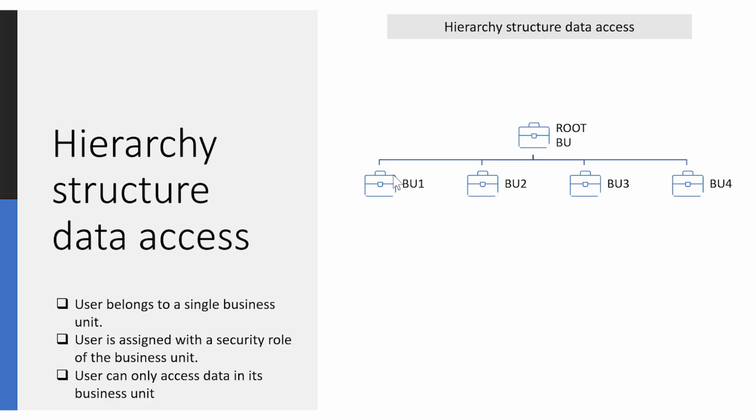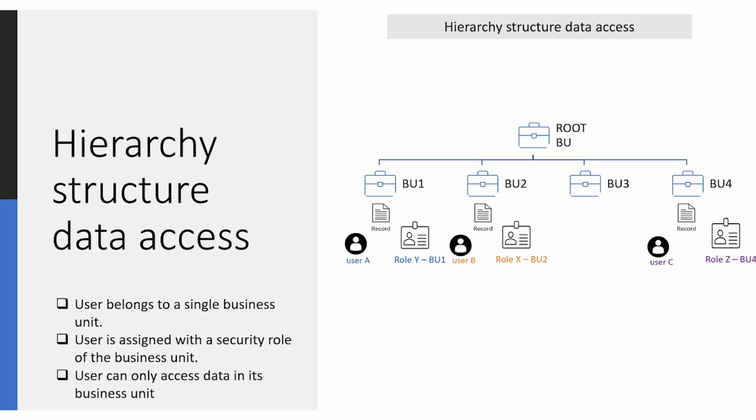By having that association, it allows you to tailor a security role which allows the user to access records in that business unit. Here you can see that each user belongs to a business unit. A security role from that business unit is assigned to the user, and the user can only access data in that business unit.